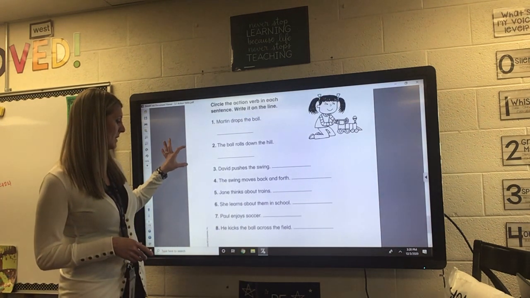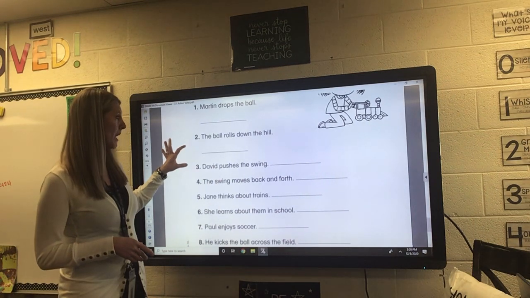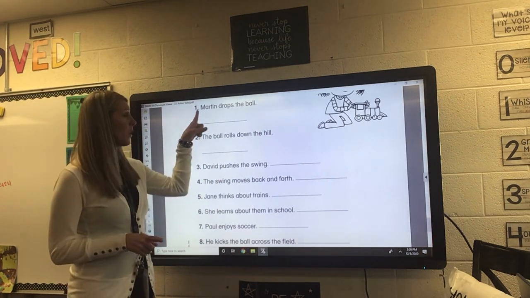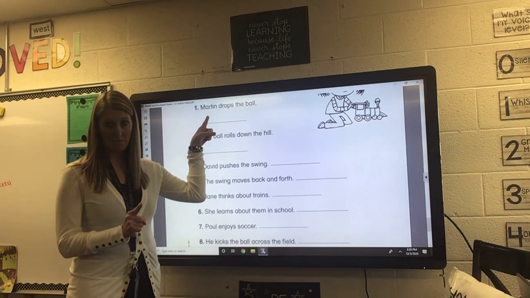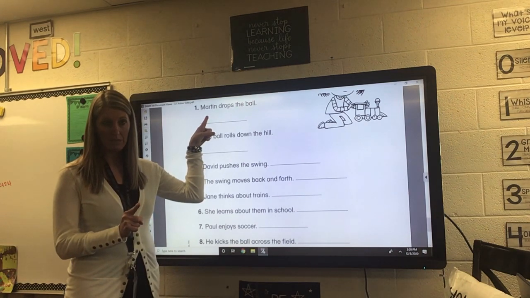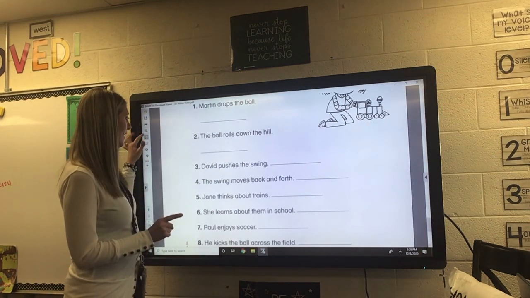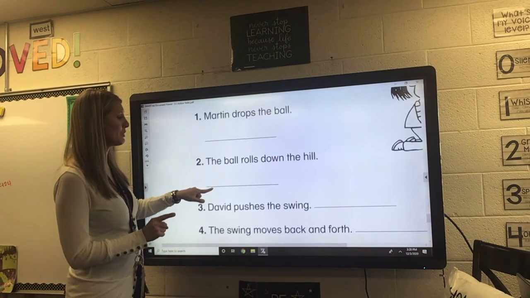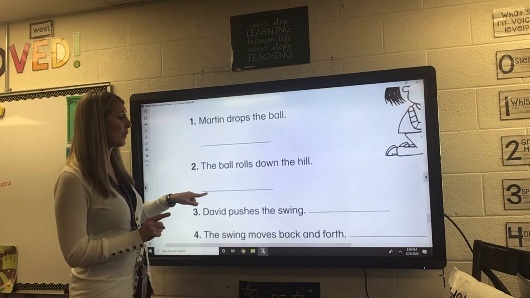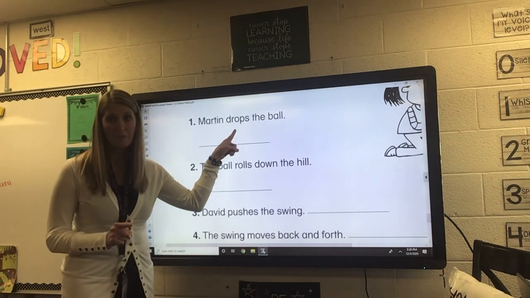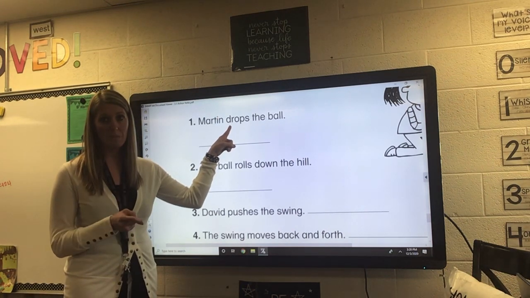I'm just going to make this small so you can see everything. Martin drops the ball. So I know the sentence is about Martin. So I need to think, what is Martin doing? So I'm going to look for the verb that is after the noun or the subject Martin.